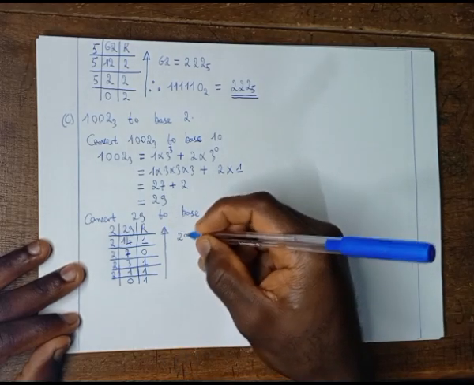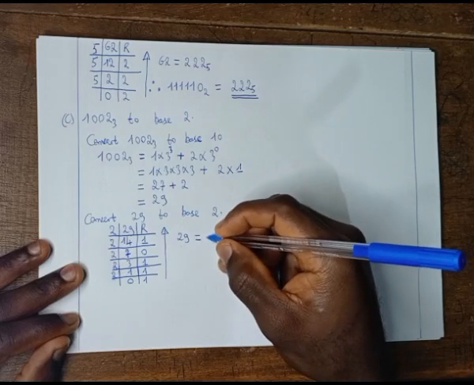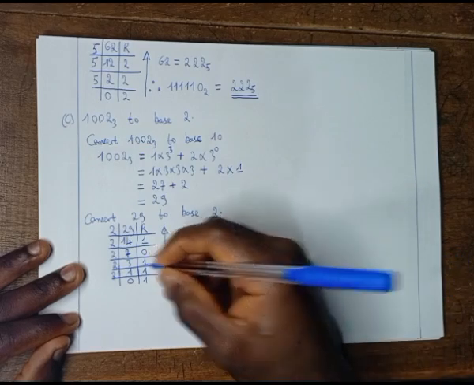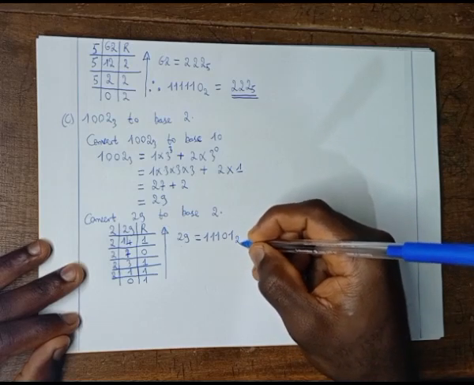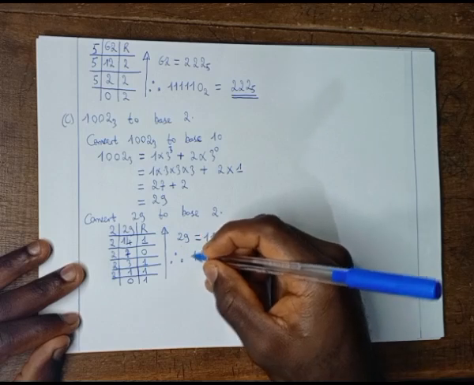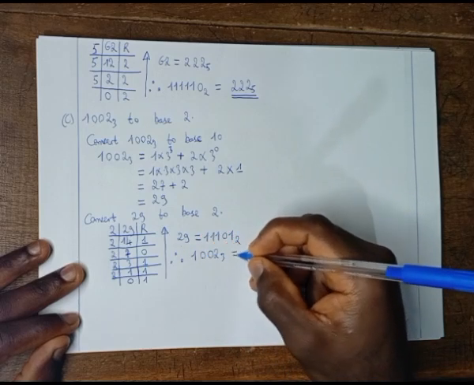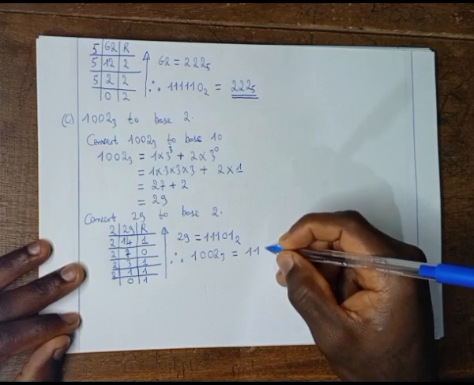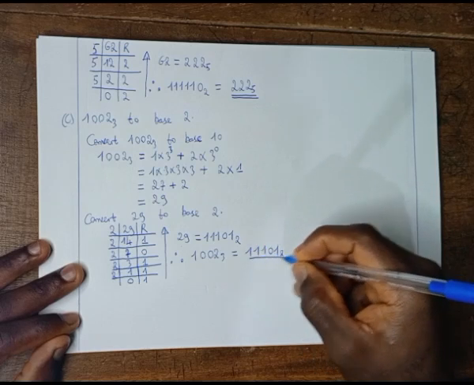The number 29 is simply equal to 1, 1, 1, 0, 1 in base 2. We conclude, therefore, the number 1002 in base 3 is the same as 11101 in base 2. We underline the answer.